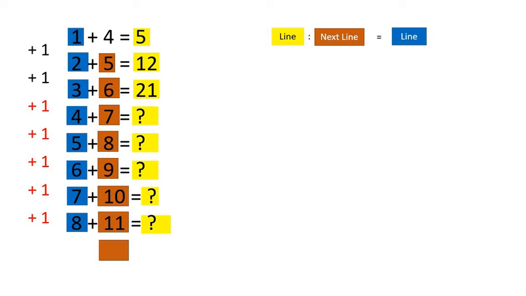So the top 5 divided by the brown 5 is as a result 1, the blue block. 12, the yellow one, divided by the brown one on the next line, 6, gives me as a result 2. And now 21 divided by, and now let's consider our root equation.